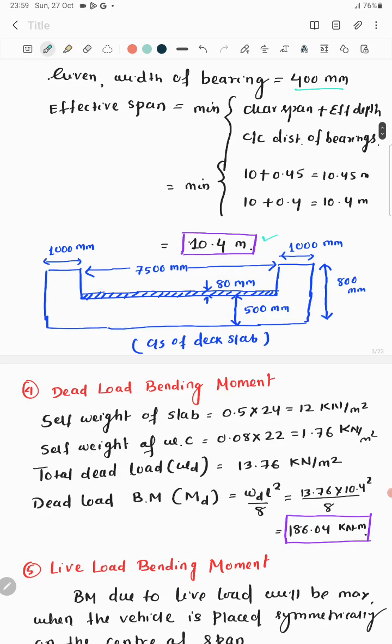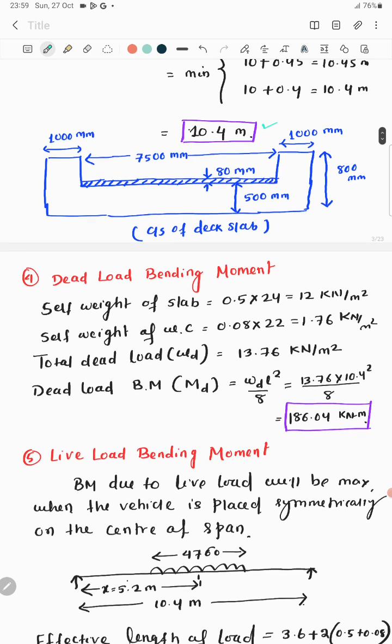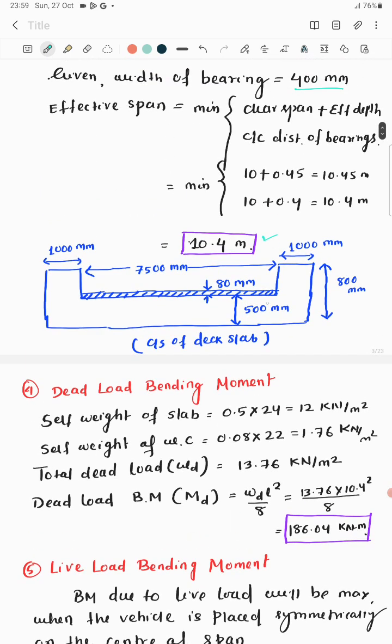So this is the cross section of the deck slab. Total depth is 500 mm. Then your wearing coat thickness is 80 mm. Carriageway 7.5 meter.